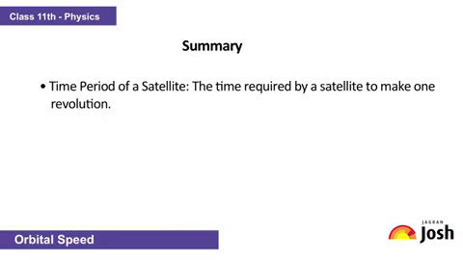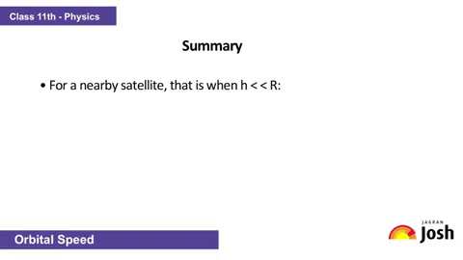Time period of a satellite: the time required by a satellite to make one revolution, that is, T equals 2 pi (R plus h) raised to 3 by 2 upon root of g R square. For a nearby satellite, that is when h is very small compared to R, T equals 2 pi into square root of R upon g, which is almost equal to 84 minutes.